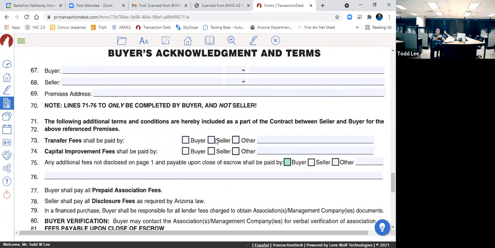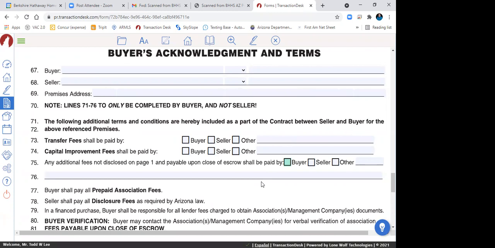If it checks seller, the seller's responsible for that additional rush fee, unless it was disclosed beyond this HOA deadline. Yeah, if you put it in maybe on line 76, rush fee to be paid for by buyer or whatever, that way it would work. That's a great point, because that rush fee would be an extra fee.